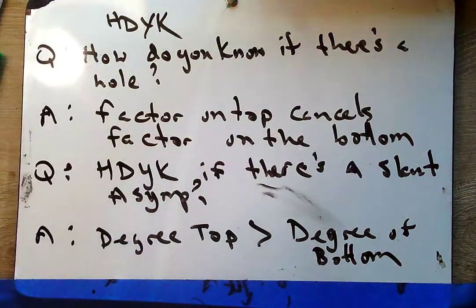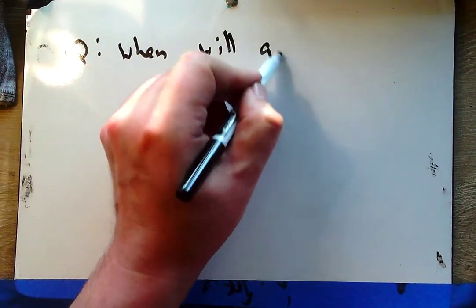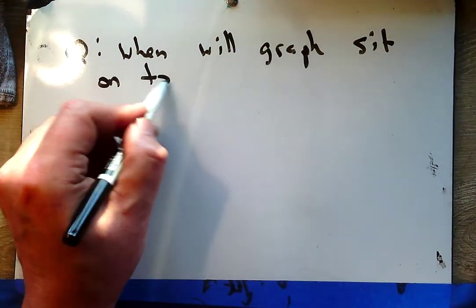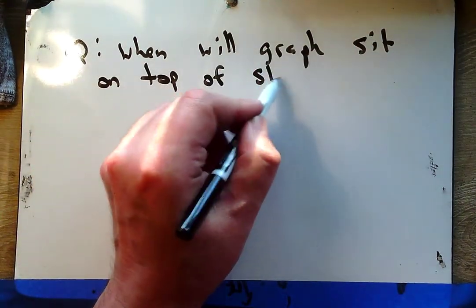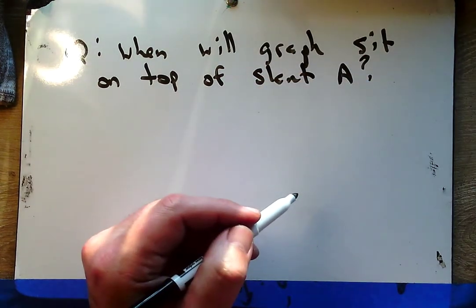And I guess we want to add as questions, when will the graph sit on top of the slant asymptote? Like we saw in that last one.